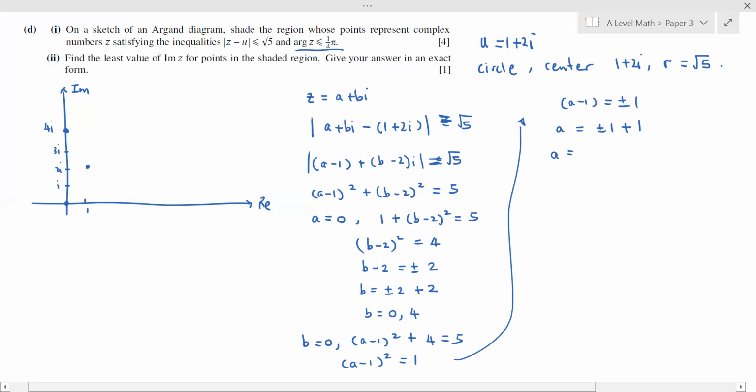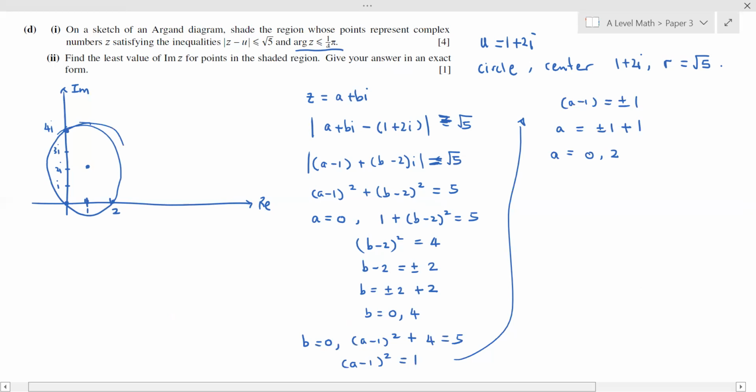So a is either 0 or 2. Over here, this is 1, that is 2. The intercept on the real axis is 0 and 2. So when we draw a circle here, we actually have a circle like that.